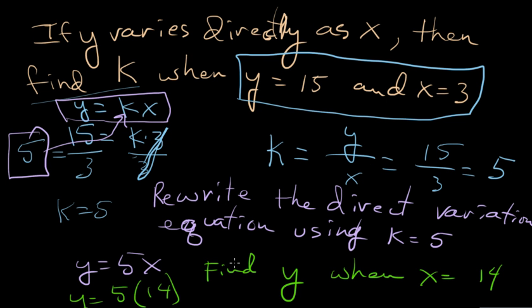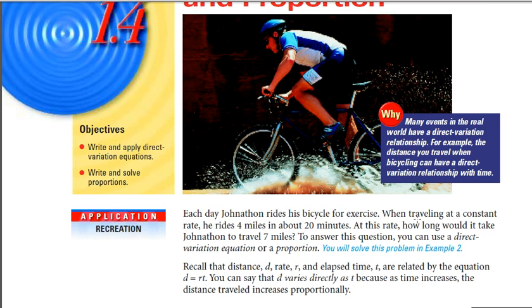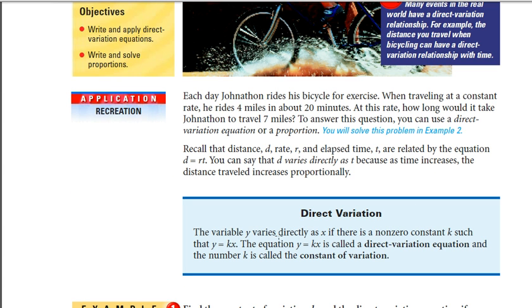Okay, a couple other things we want to find out, and I'm going to clear this whole thing out. And you remember the bicycle thing we talked about a few moments ago? Well, first of all, I'm going to point to a couple things in the book. It says direct variation. You see this is blue right here. I call that a blue rule.